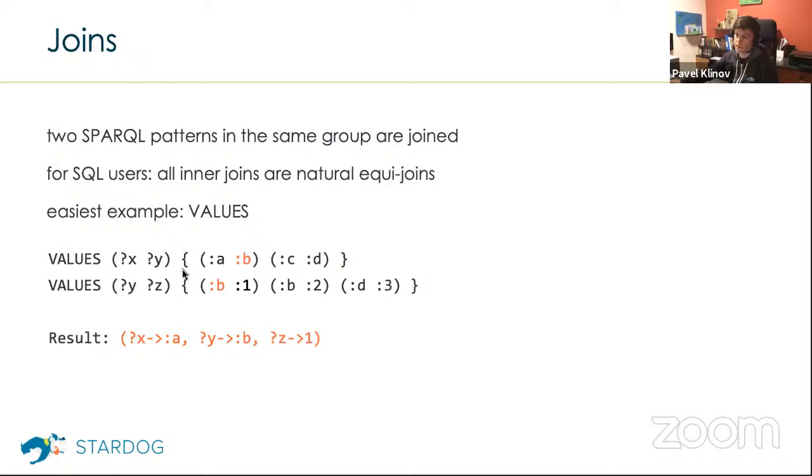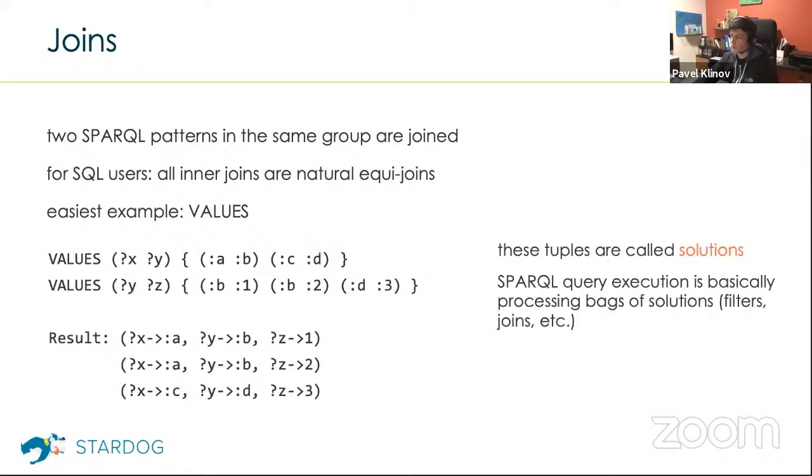If you work through that and see how these tuples join on y, you will see what results you get. You take the a and b tuple, you see which tuple in the second VALUES has the value b for the y variable. It's the first, and then you join the tuples and get the first result. You get the second result from the a and b tuple in the first pattern and b2 in the second, and so on and so forth. These tuples, by the way, in the SPARQL specification, are called solutions. You can think of them as binding sets, if that's more familiar, but they are essentially mappings from variable names to values.